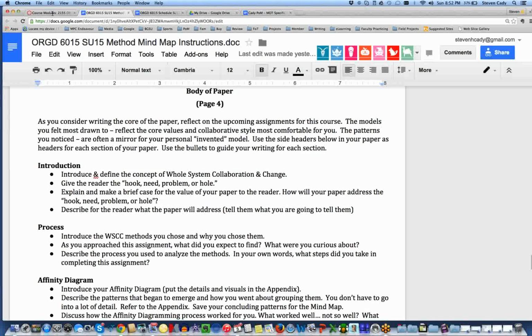You'll need to have your draft document with you. What you're submitting is a PDF that has your written elaboration on the different pieces in the outline, along with the visual of your affinity and the visual of your mind map, the drafts, if you will, of those visuals. Included with your paper, that will inform you as you come to the group.